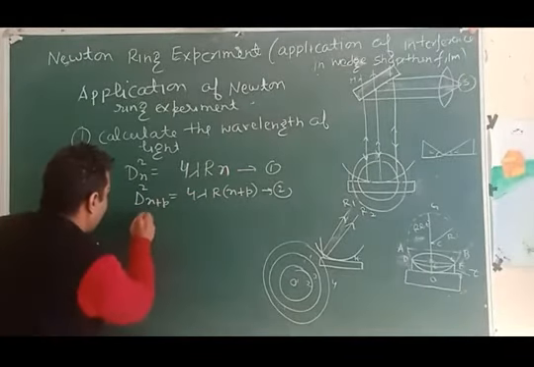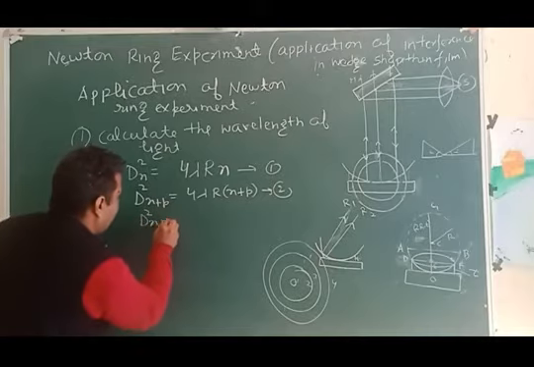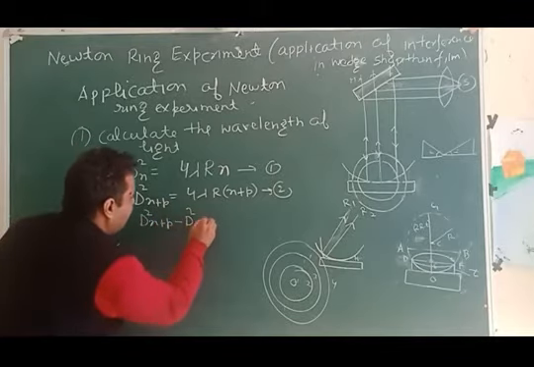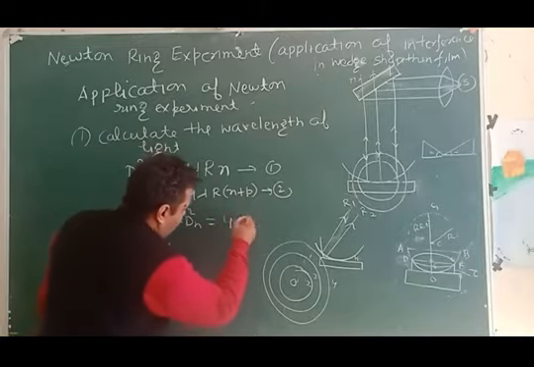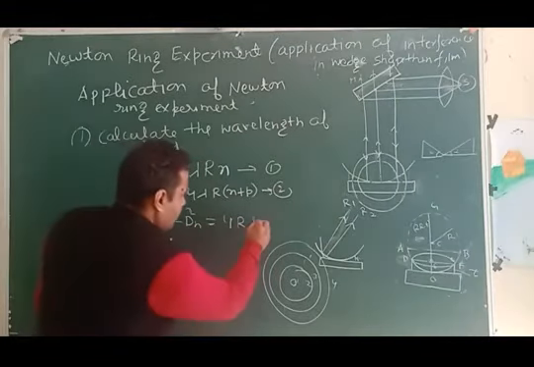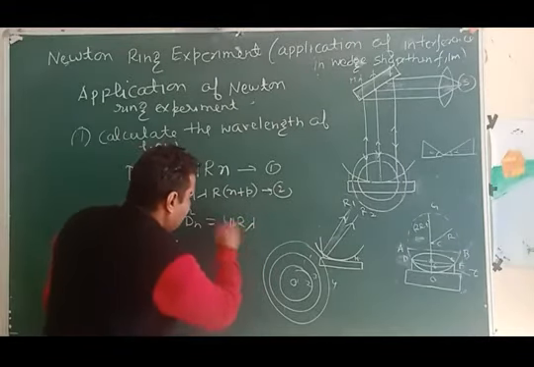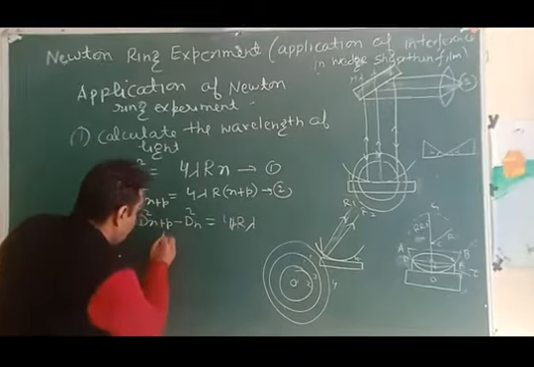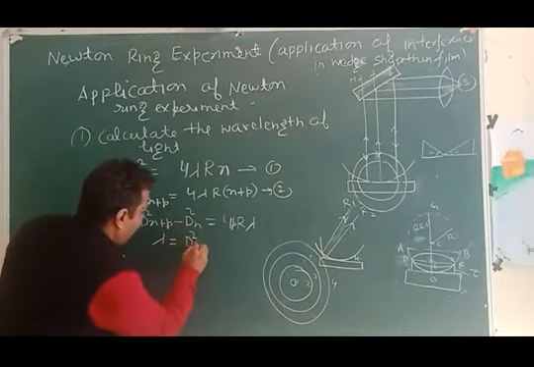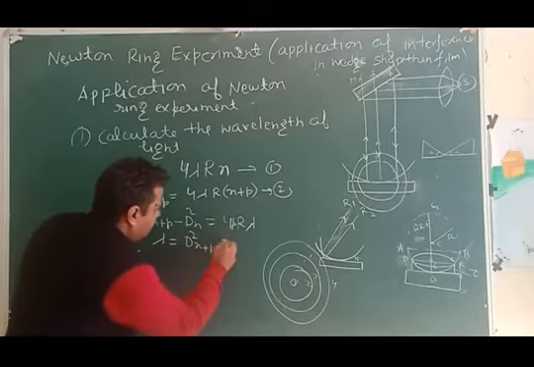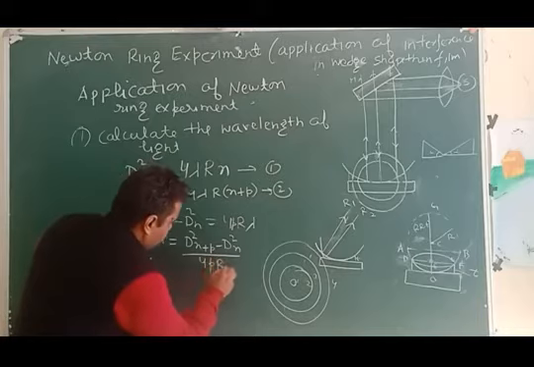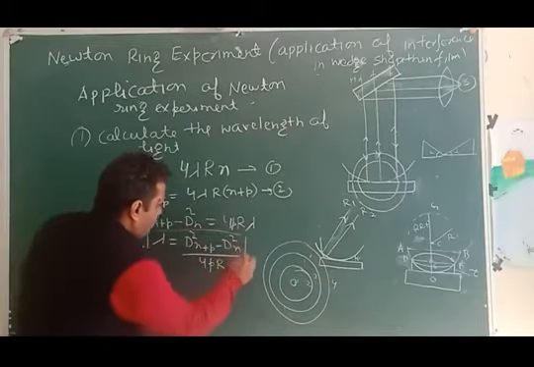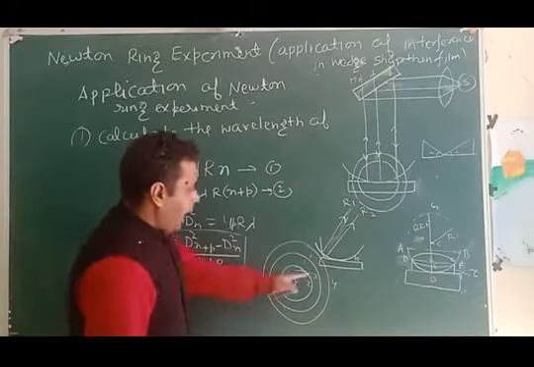So here by subtracting 2 and 1, we find that d square n plus p minus d square n is equal to 4 p r lambda. Understand? Now lambda is d square n plus p minus d square n by 4 p r. This is the way we can calculate using the diameter of the ring.